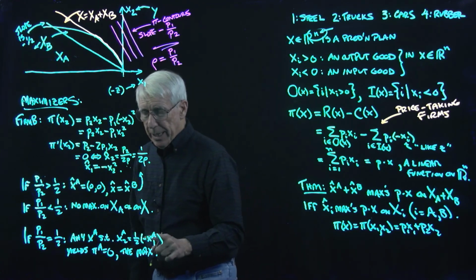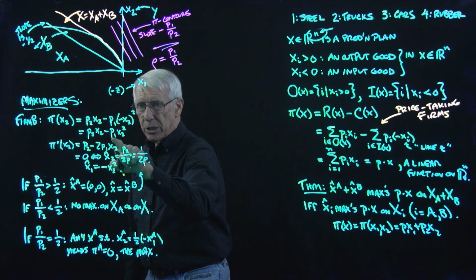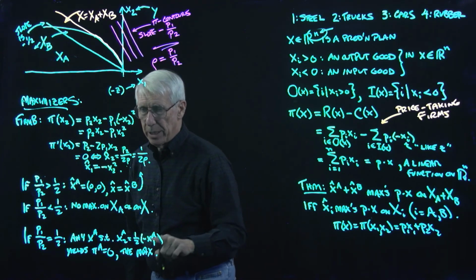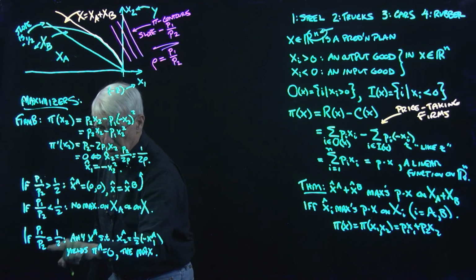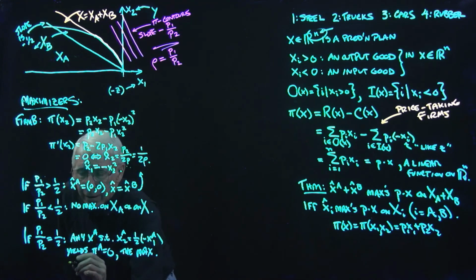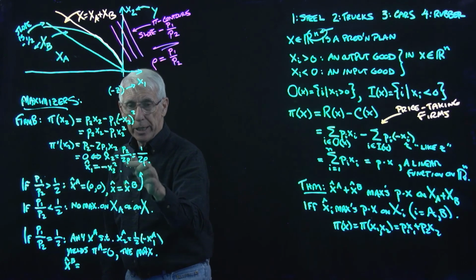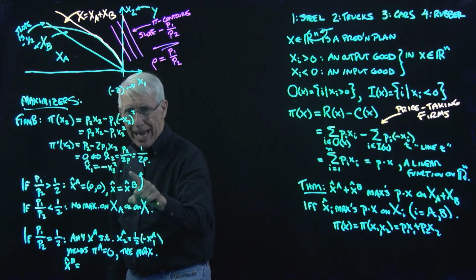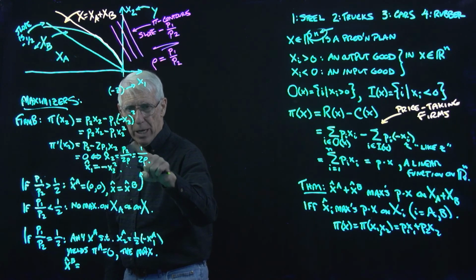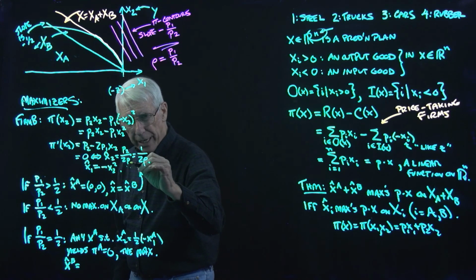And again, firm B is going to do this. If P1 over P2 is 1/2, we have X hat B, as you can easily check here. This should be a P1 down here.